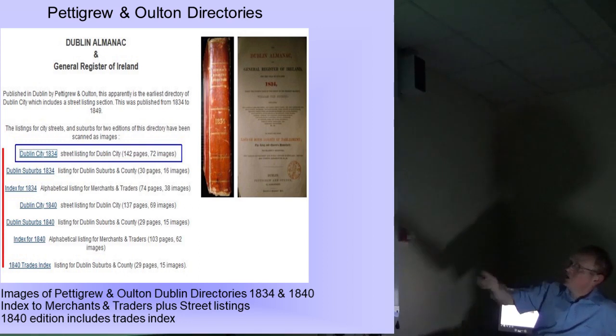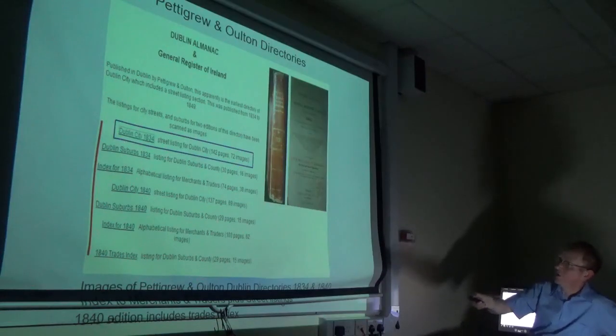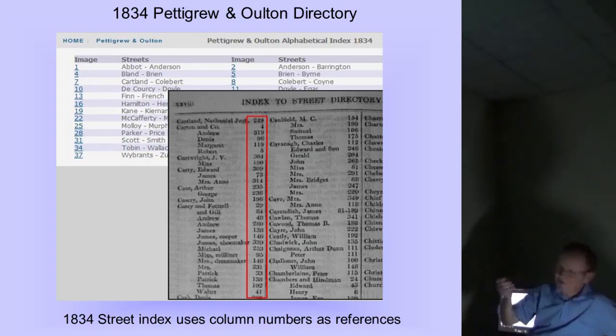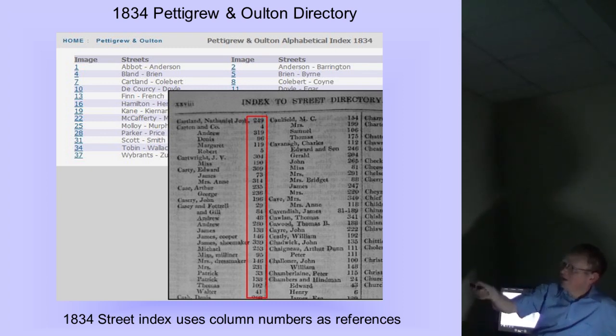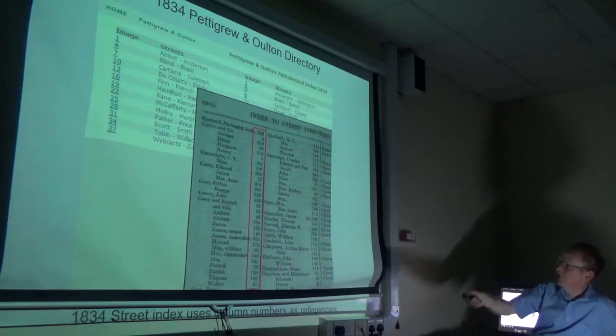Pettigrew and Oulton started, I believe, in around 1834, and that's the first street listing that I know of for Dublin City. The index is a little bit fiddly, so you pick the name you want, and you'll see this number after the name. Now, it's just a name, you don't have anything else, you can't tell them apart.